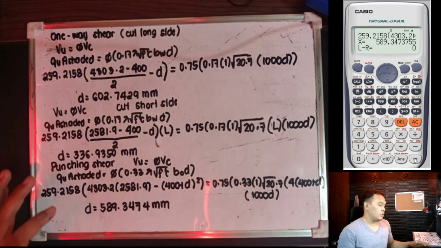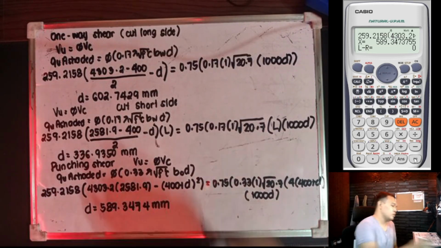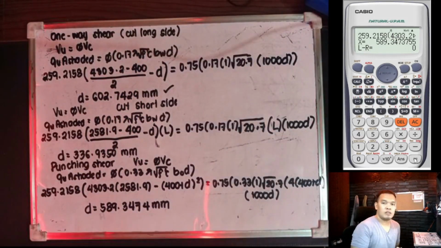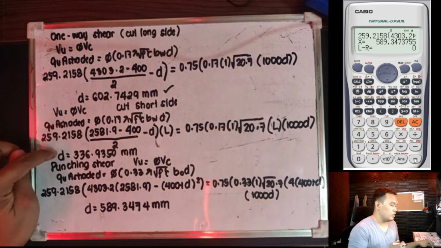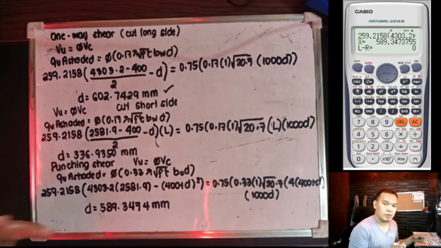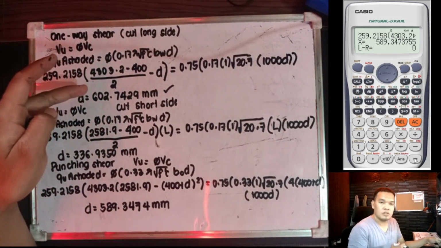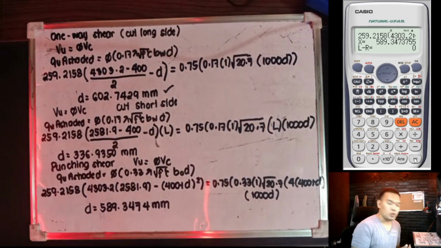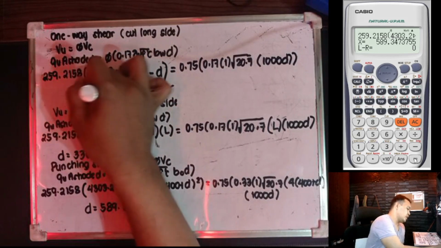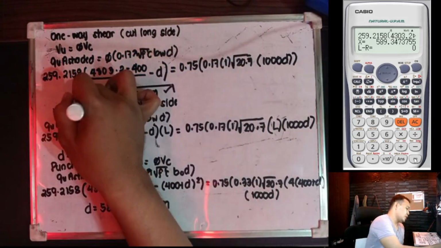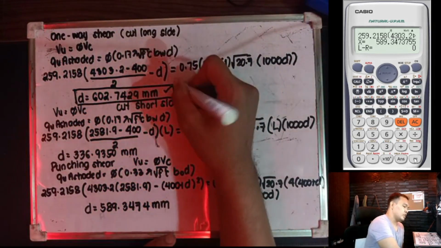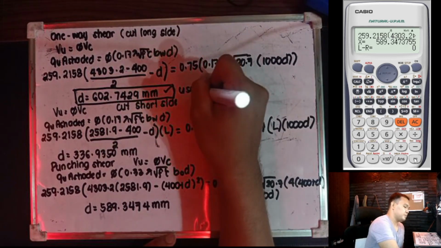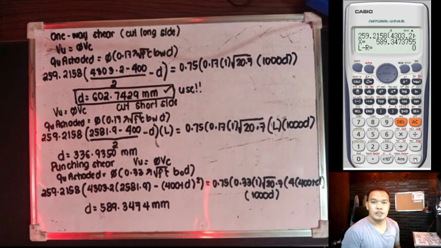So we could say that this value is papasok dun sa lahat, no? Kasi kapag ginamit natin to, hindi siya pasok dito, hindi din siya pasok dito. Kapag dito naman, hindi siya papasok doon, no? So yung pinakamalaking value ng D ang kukunin natin, okay? So we have here this value of D na gagamitin natin as thickness ng ating pundasyon. Okay? So yan.